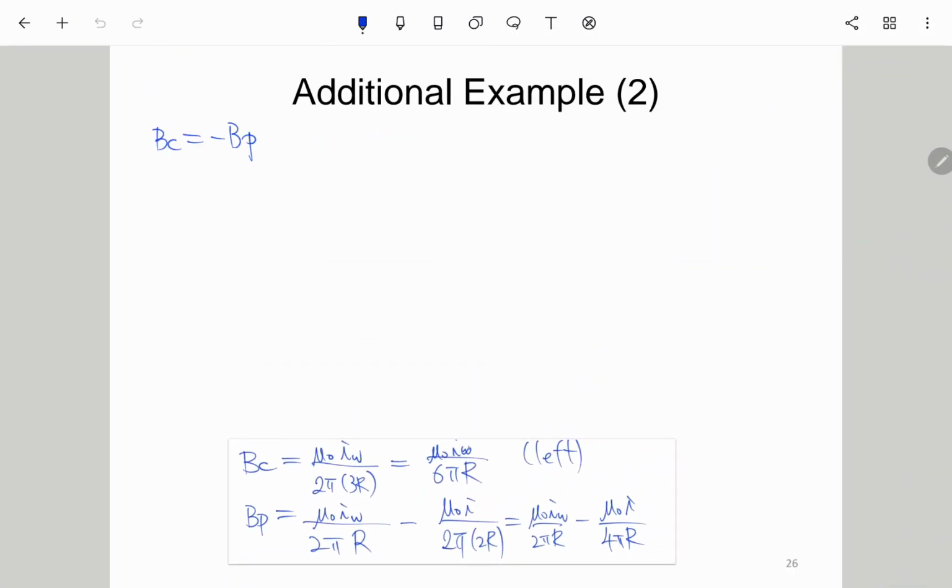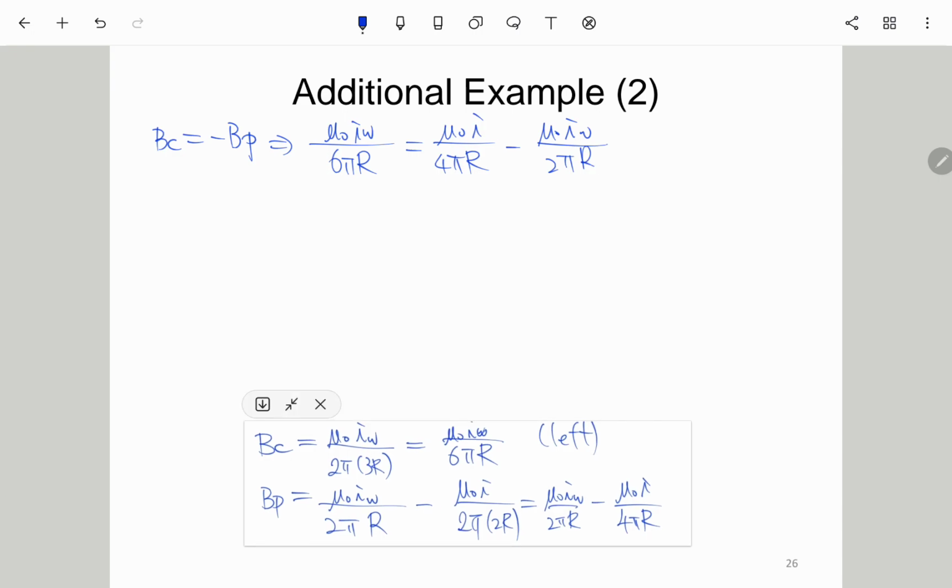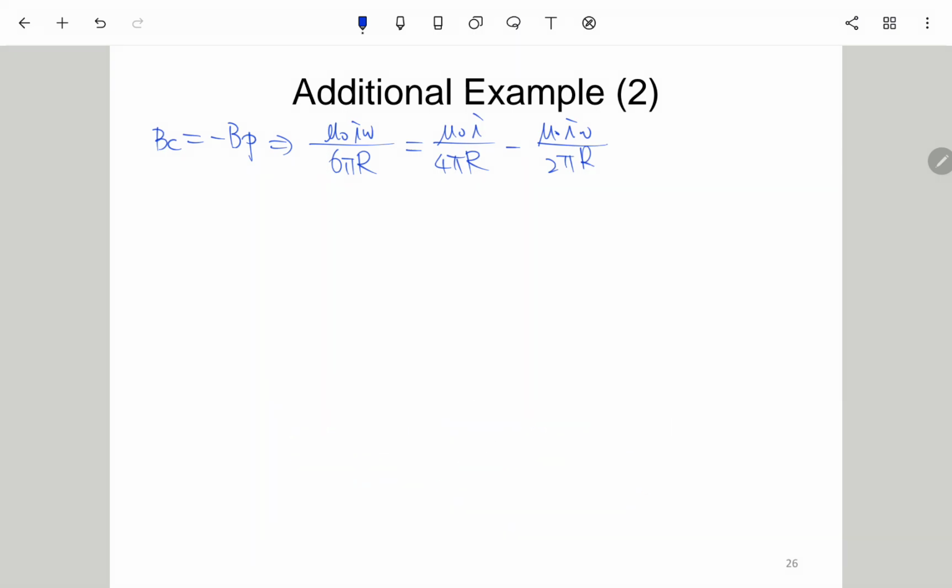So we have mu 0 IW over 6 pi R equals, putting a negative sign here, mu 0 I over 4 pi R minus mu 0 IW over 2 pi R. Then we can just remove the brackets, so we have this expression.